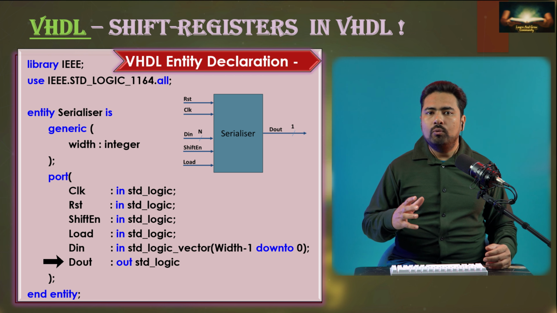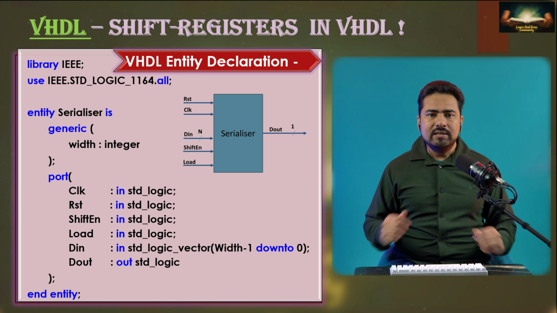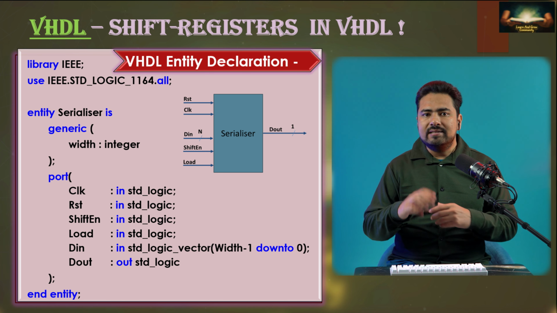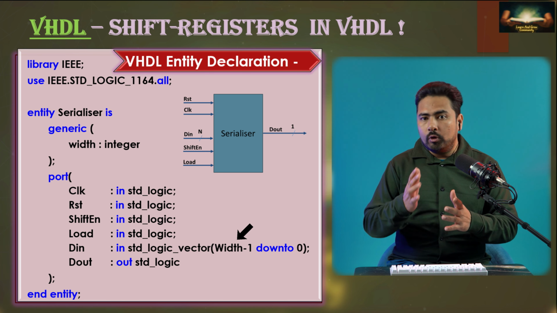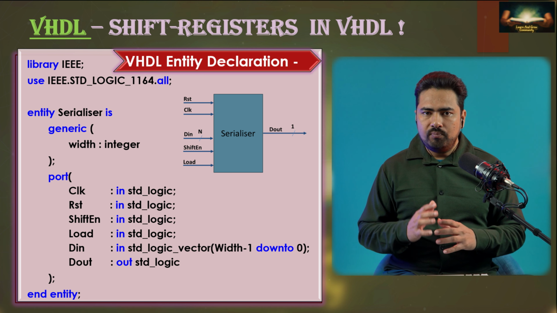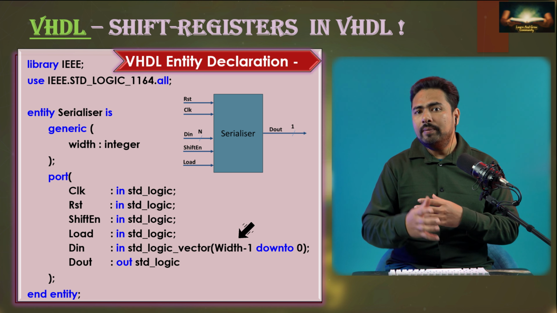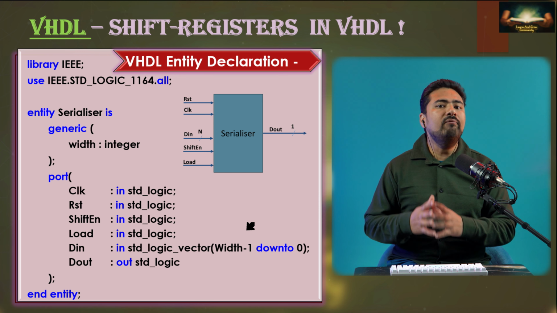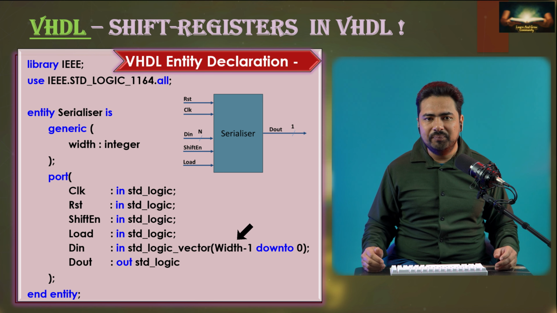We have one output, D out. Just remember that D in is a std_logic_vector and its range is flexible because it is width-1 down to 0. So if width is 4, it will become 3 down to 0, and if width is 16, then it will become 15 down to 0.